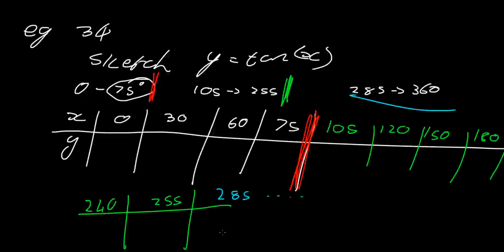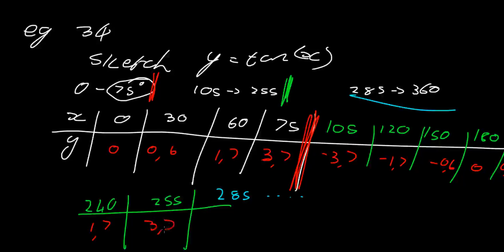These values are going to be confusing. Let me just write them in for you. So we've got 0, 0.6, 1.7, 3.7, negative 3.7, negative 1.7, negative 0.6, 0, 0.6, 1.7, 3.7, negative 1.7.